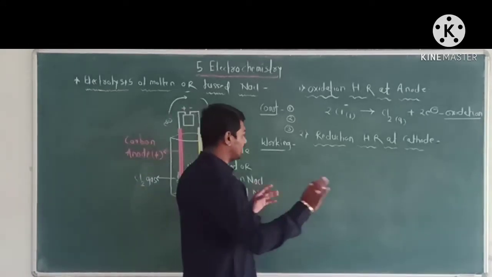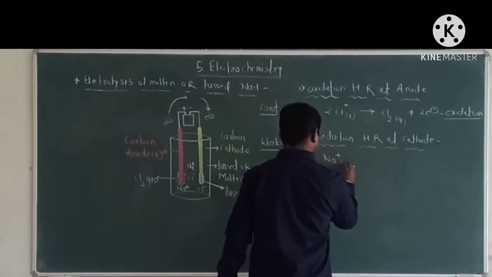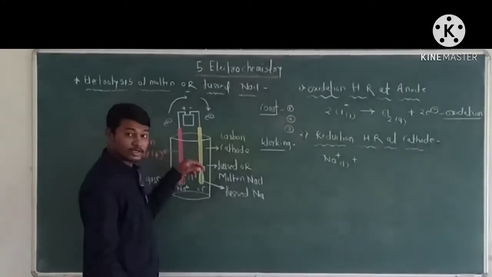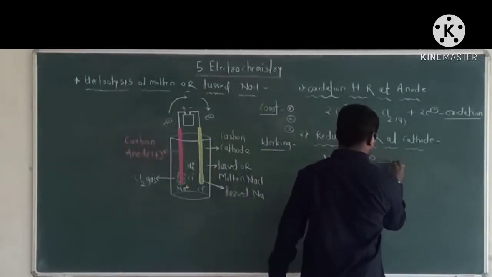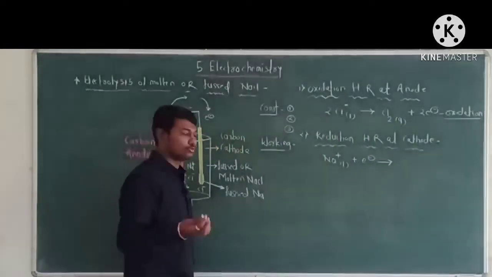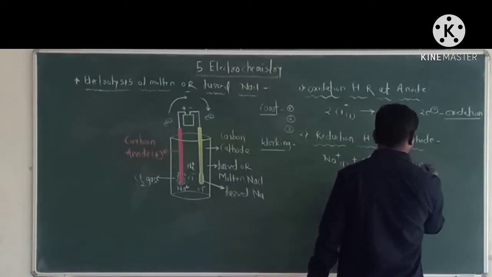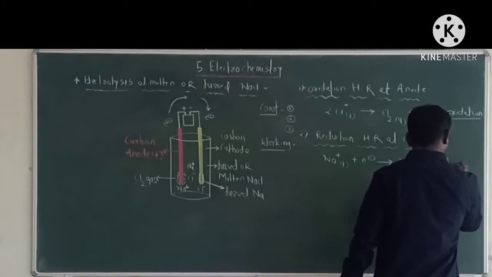That is, Na+ accepts an electron from the cathode and is converted into metallic sodium. This is the reduction half reaction.